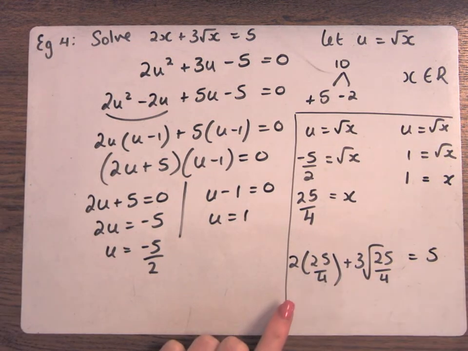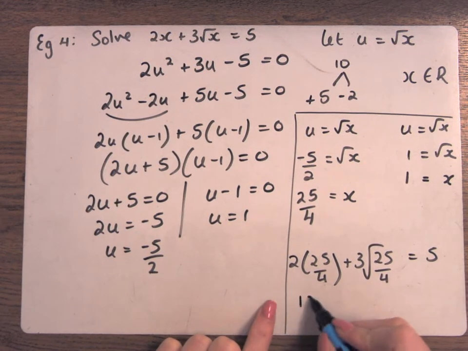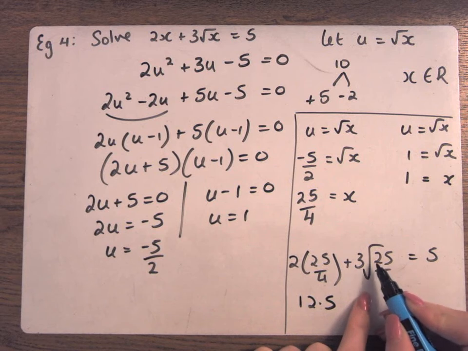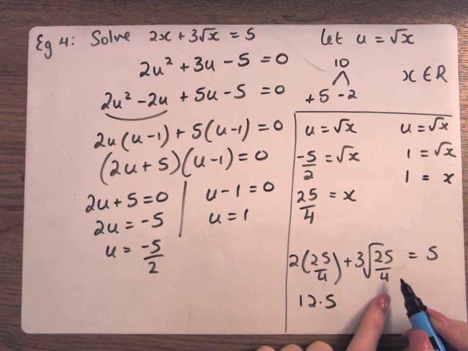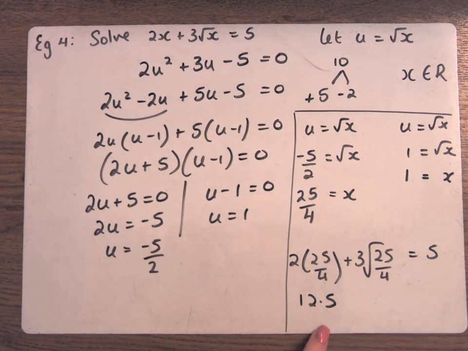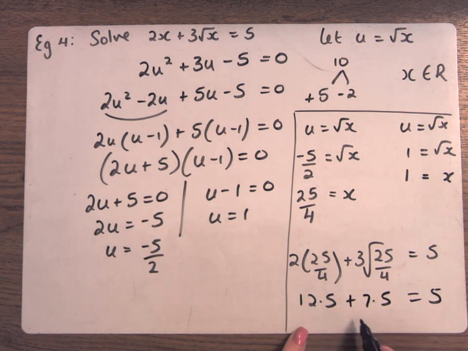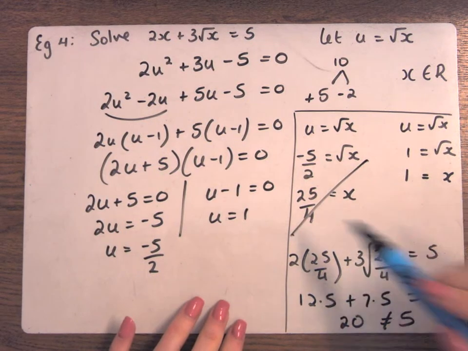Okay, so that's 50 over 4, which is lovely, 12.5, and this is, square root of 25 is 5, square root of 4 is 2, so 3 5s, that's 15 over 2, yeah, equals 5, and 12.5 plus 7.5 is 20, which is not equal to 5, so that's why they're saying it's not. Don't know why they make things so awkward. Not a solution, because the left is not equal to the right, so you cancel it.